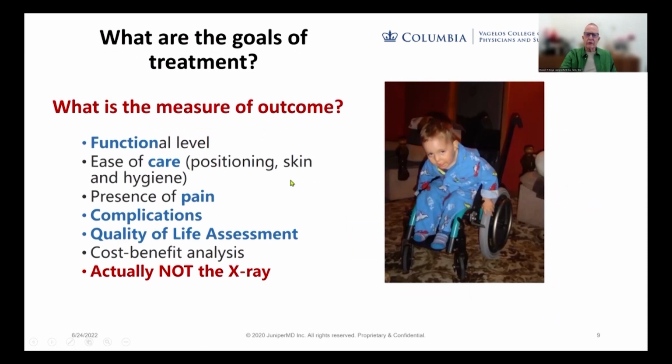What are the measures of outcome of treatment of scoliosis? We want to maintain functional level, we want to maintain ease of care, prevent pain, prevent complications, and maintain quality of life. And actually, the outcome is not the appearance of the X-ray.